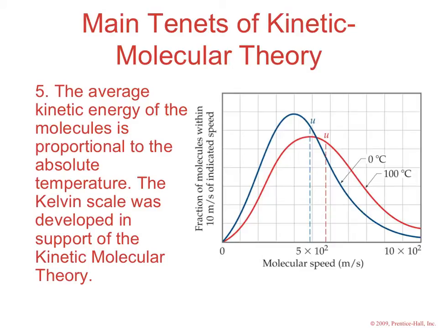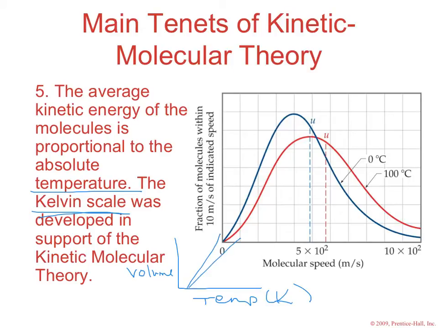All right, and finally, the last part of it: the average kinetic energy of the molecules is directly proportional to the temperature in Kelvin, only in Kelvin. You may remember that graph I made where we had temperature on the x-axis in Kelvin and volume of a gas on the y-axis, and every single gas that was tested went to 0 volume at a set temperature, and that set temperature was 0 Kelvin, or minus 273.